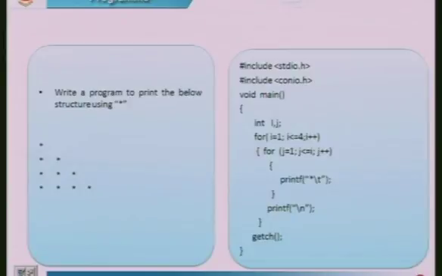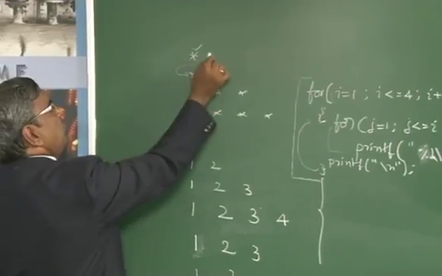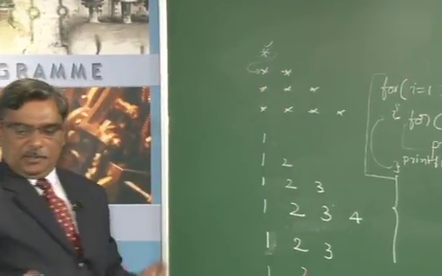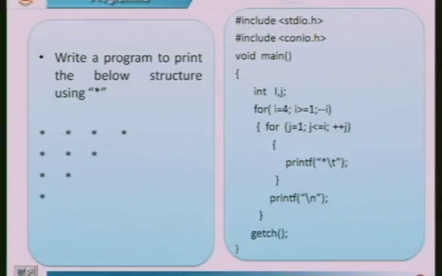Another interesting structure is the reverse order: 4 stars first, then 3, 2, 1. Observe that there are 4 stars in the first line, next 3, next 2, 1.